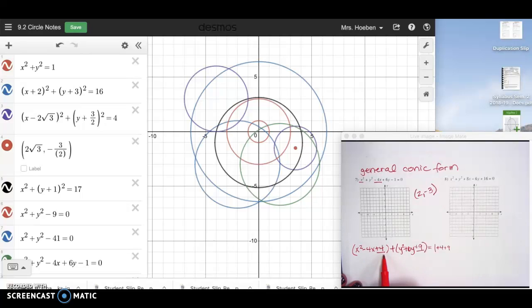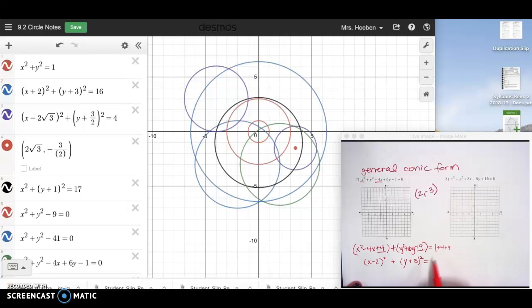Now, we're going to take this perfect trinomial and write it in factored form, which is x minus 2 squared. And this one should be y plus 3 squared. And now it's looking like standard form, right? Just by making it into a perfect trinomial.